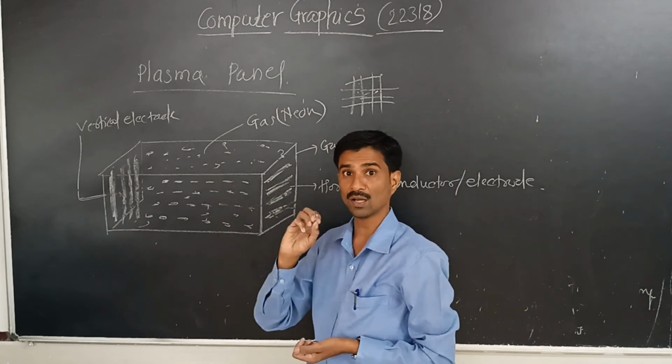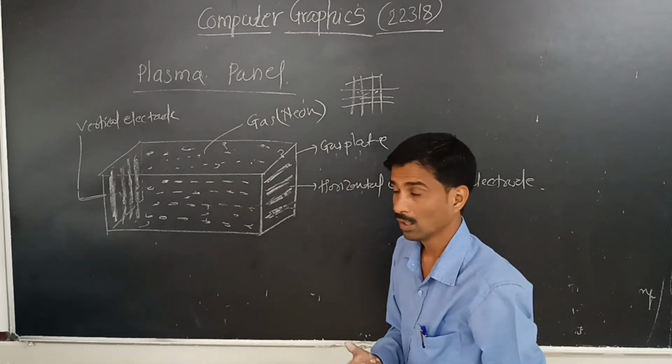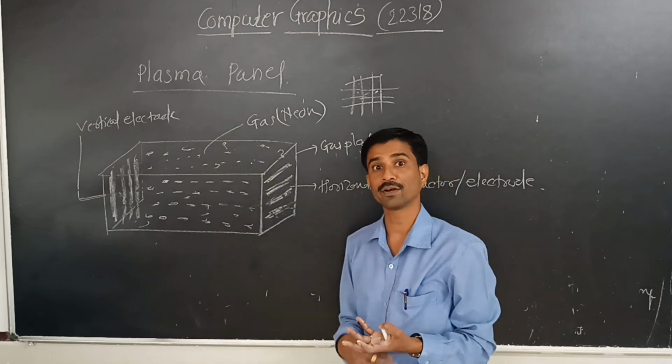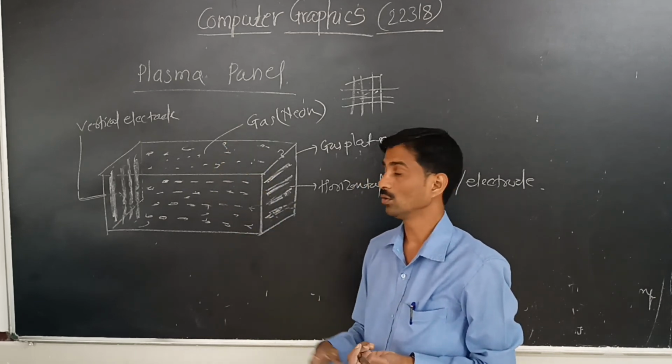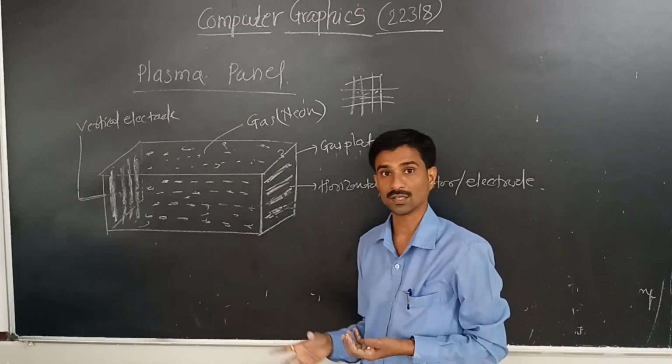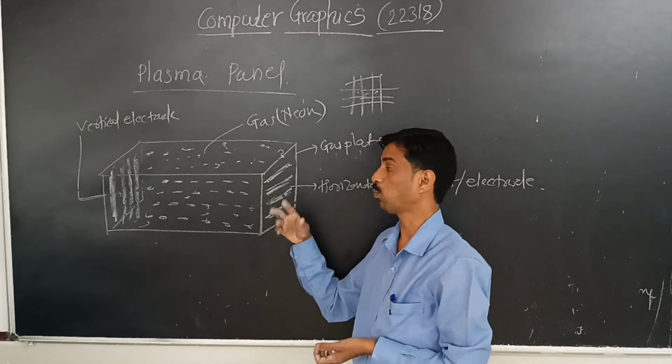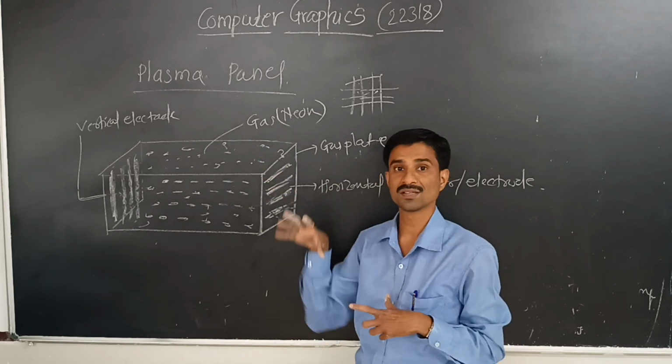When that plasma is glowing, we can observe different colors, and likewise it will form different images on the screen.